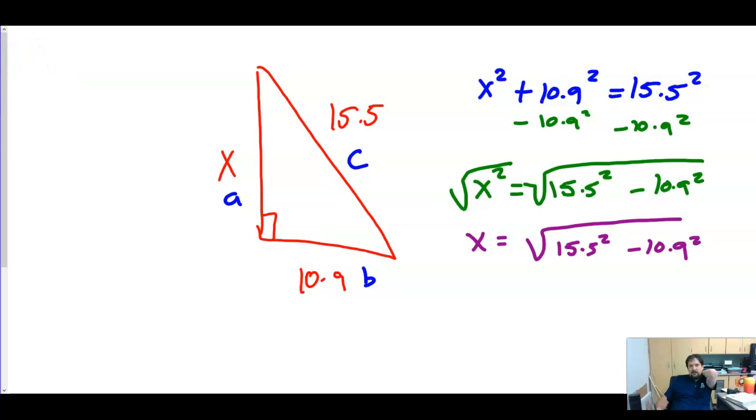So let's go ahead and put that in. So we've got square root of 15.5 squared minus 10.9 squared, and I get 11.019, so basically 11.02.